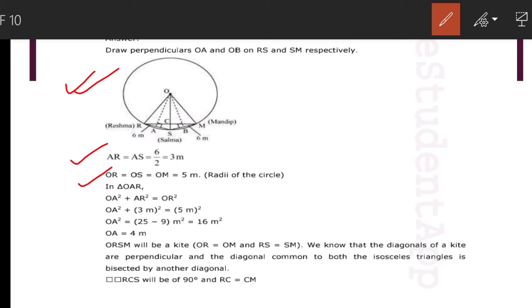If we consider the right angle triangle OAR, OA is the perpendicular, RA is the base, and OR is the hypotenuse. So using the Pythagoras theorem, OA square plus RA square equals OR square.